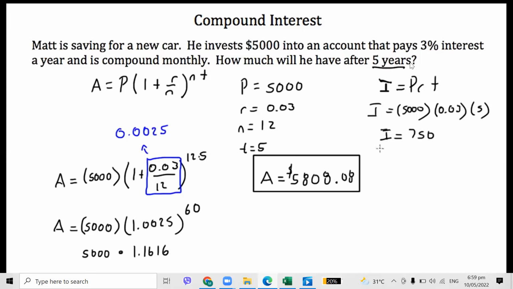If you were to add that to the 5,000 that we originally invested, we would end up with $5,750. Notice that this is less than this, because here our interest each year or each month is not being paid on the interest that we previously received. So it's always better to invest in an account that's compounded, if you're investing.